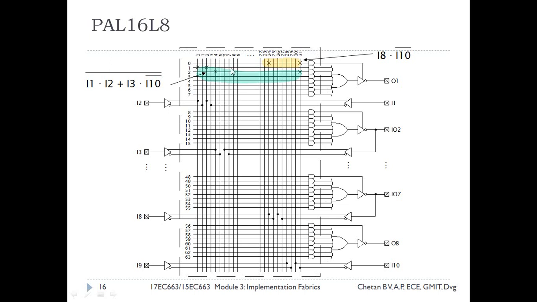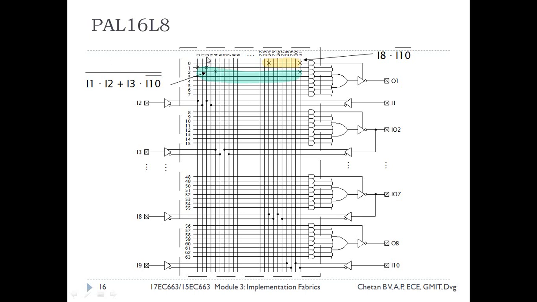So this grid has 32 vertical lines, 64 horizontal lines. The vertical lines are connected to the input buffers. For example, lines 0 and 1 are connected to the input buffer which takes input from I2. So line 0 is I2, line 1 is I2 bar.